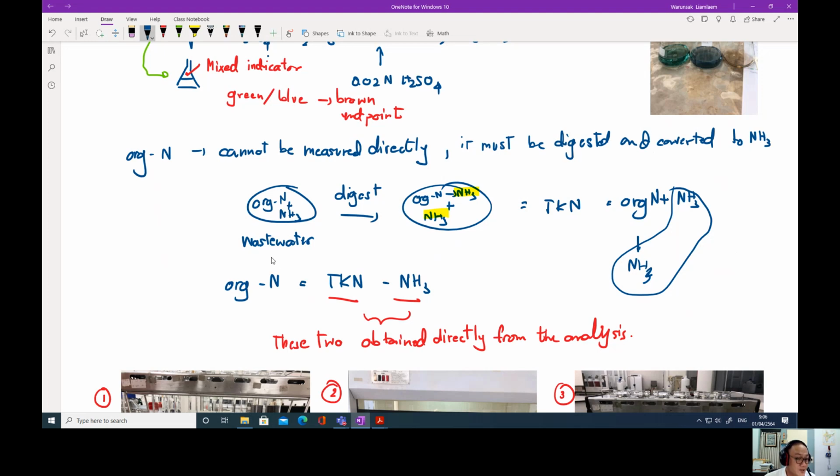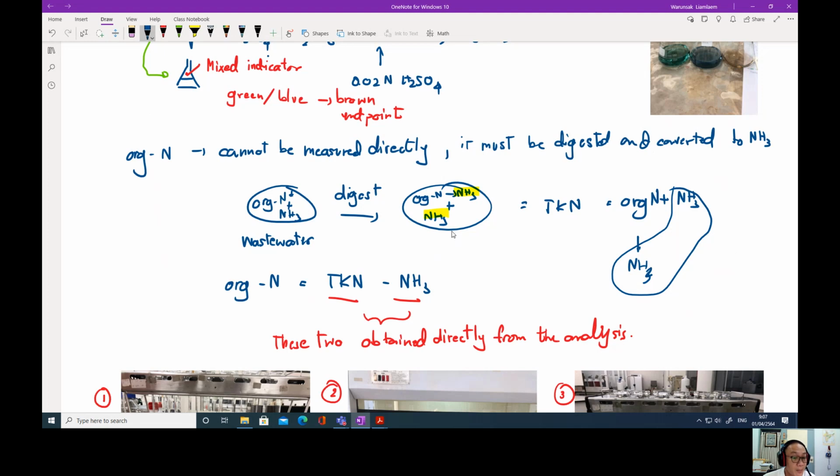In a wastewater sample, as I told you, there will be a combination of organic substances and ammonia. So in raw waste, if significant organic nitrogen is found, we do the digestion process. The digestion process will convert the organic nitrogen into ammonia, and at the end we measure the ammonia in the water sample.